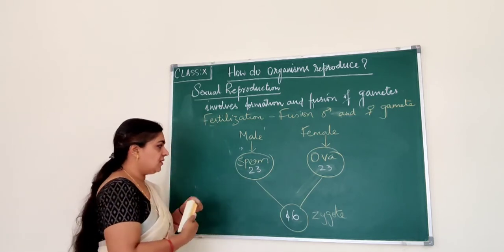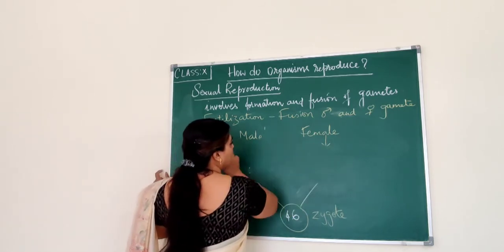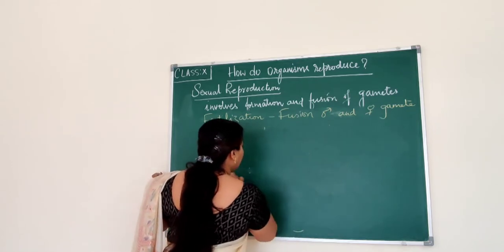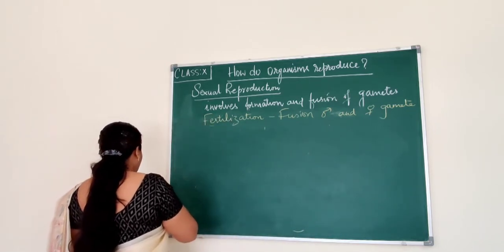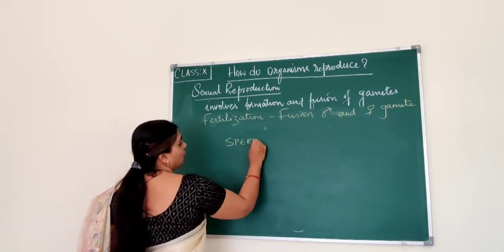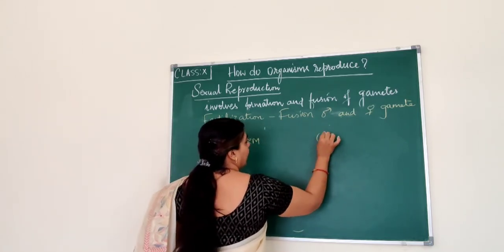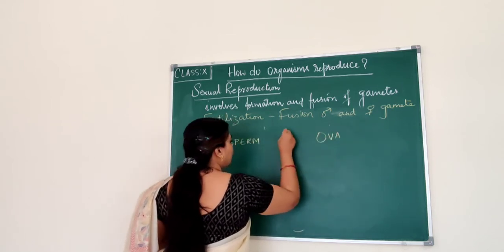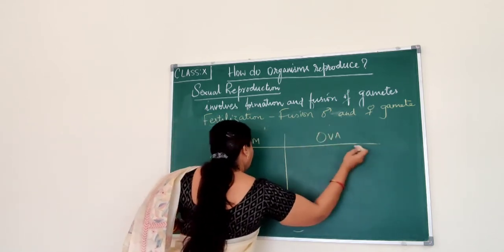I know now you have understood, to some extent at least. Now let us see the differences between sperm and egg. Sperm, you know, is a male gamete, and ovum or egg means the same.